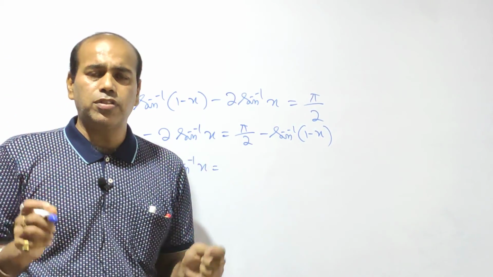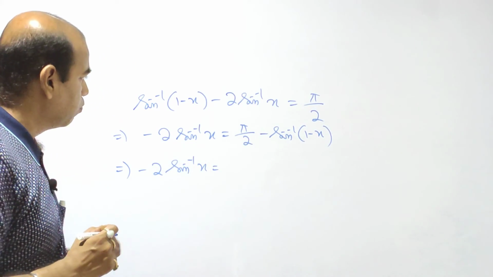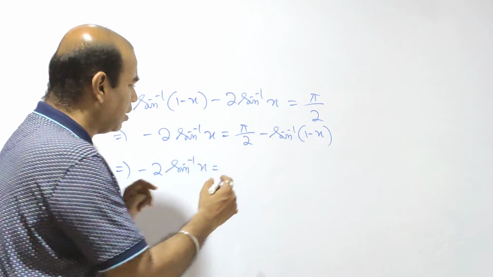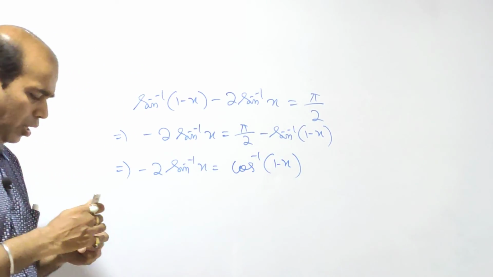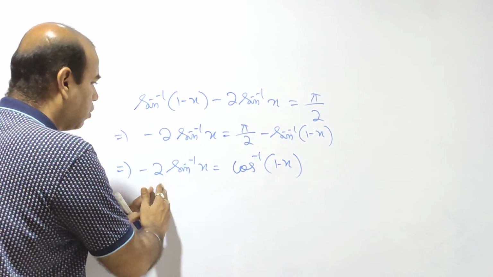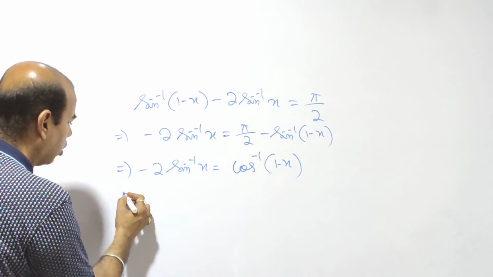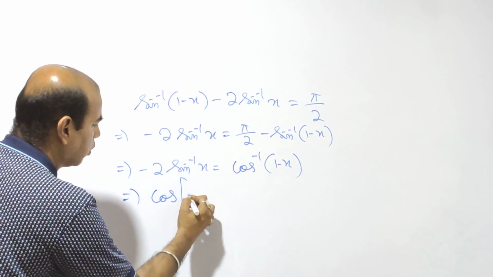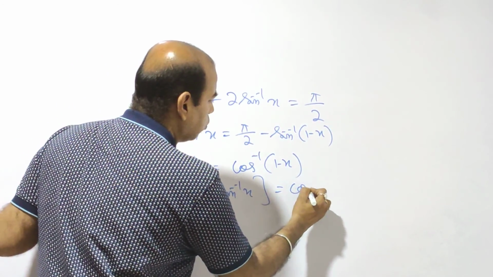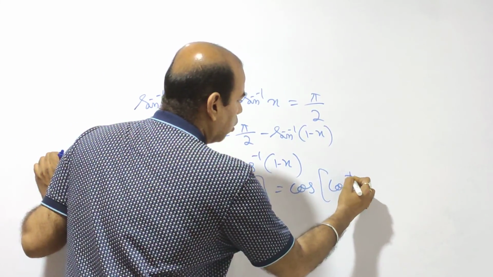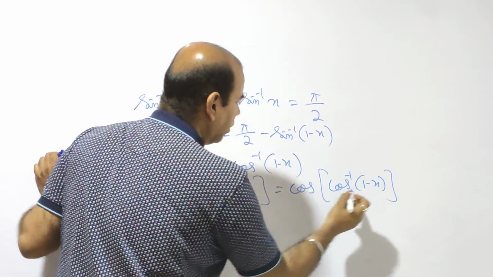I know sine inverse x plus cos inverse x is pi by 2. So pi by 2 minus sine inverse x is simply cos inverse x. Now what will I do? I will take cos both sides. If I take cos both sides, cos of minus 2 sine inverse x equals cos inverse (1 minus x).